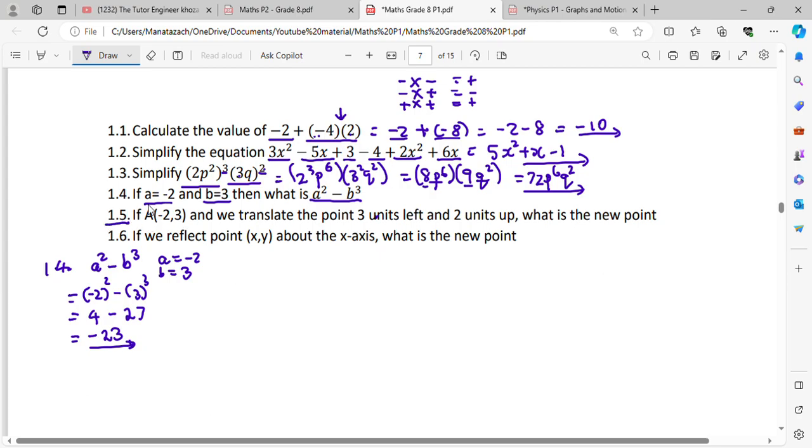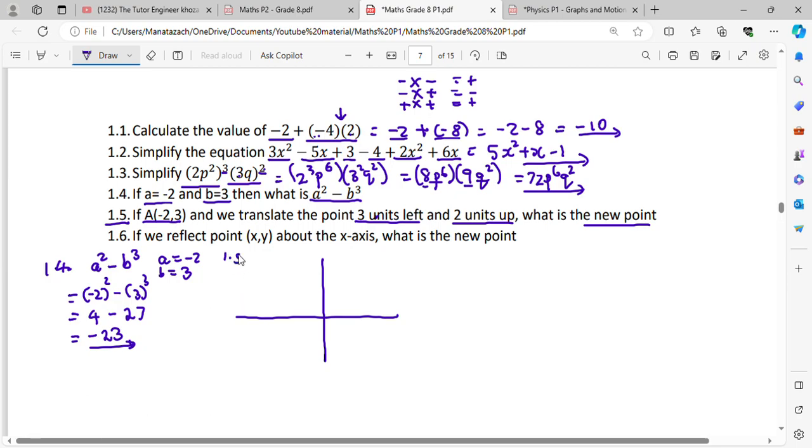Now let's come to 1.5. If this point, and we translate the point 3 units to the left and 2 units up, what is the new point after the translation? So just imagine the Cartesian plane.